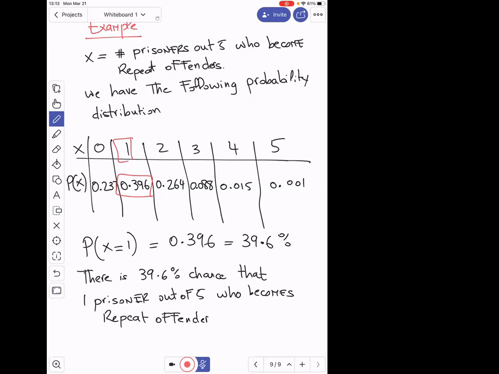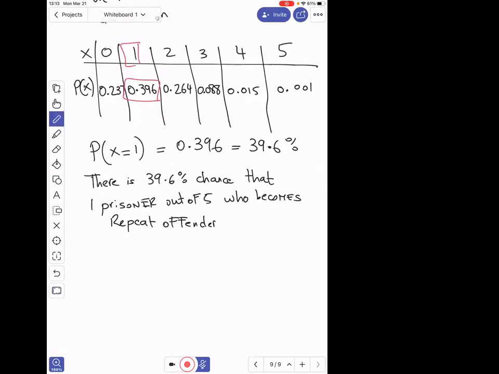All right, so the question is, I want to compute: first, we need to find the X bar, the mean of the probability distribution.